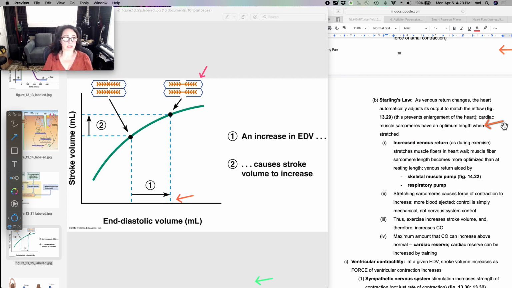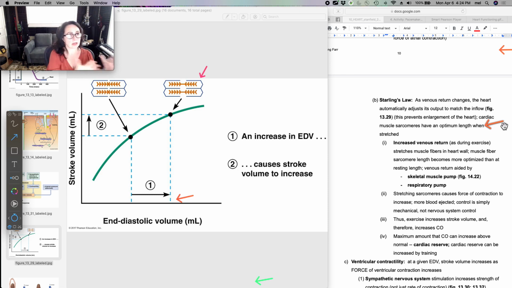So basically all the blood you get in is going to stretch them to their optimum length, and then they are going to contract better. So this increased venous return, for instance when you are exercising, what causes venous return to come back? When we're exercising, we of course know what causes the blood to go out because primarily that is an increase in heart rate, and then also we'll see it's an increase in contraction.